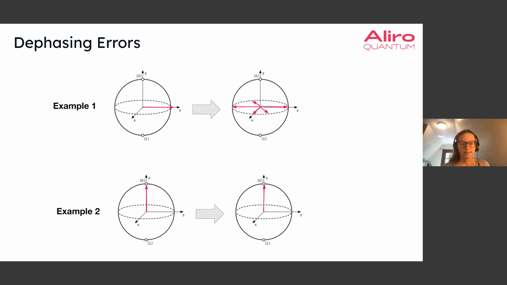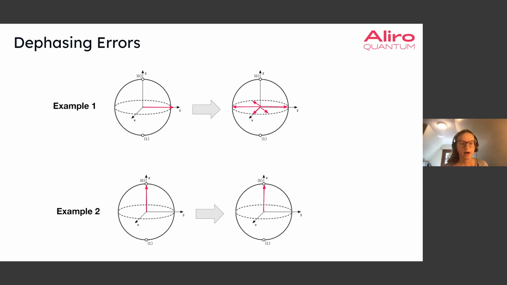Another type of error which can happen in quantum systems is dephasing errors. For this type of error, we can look at one example where we start out in the superposition state, with our qubit corresponding to a 50% chance of measuring 0 and a 50% chance of measuring 1.